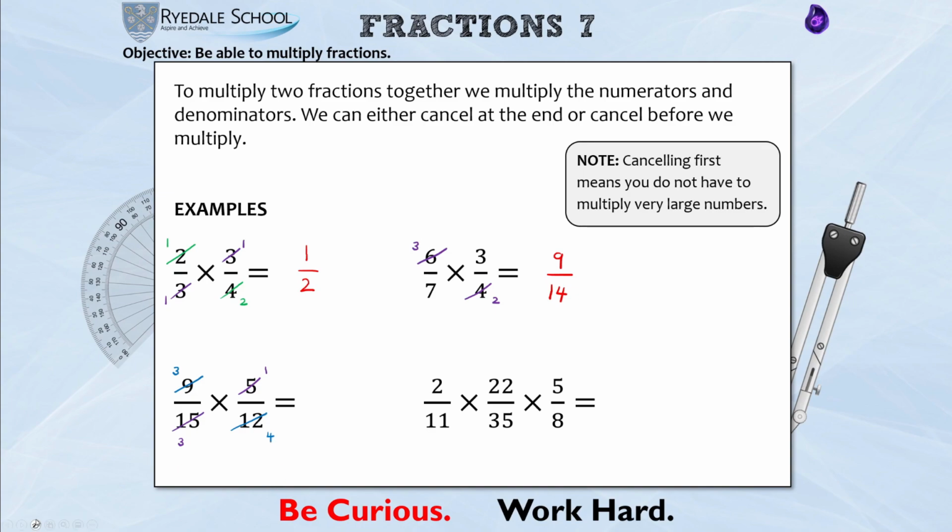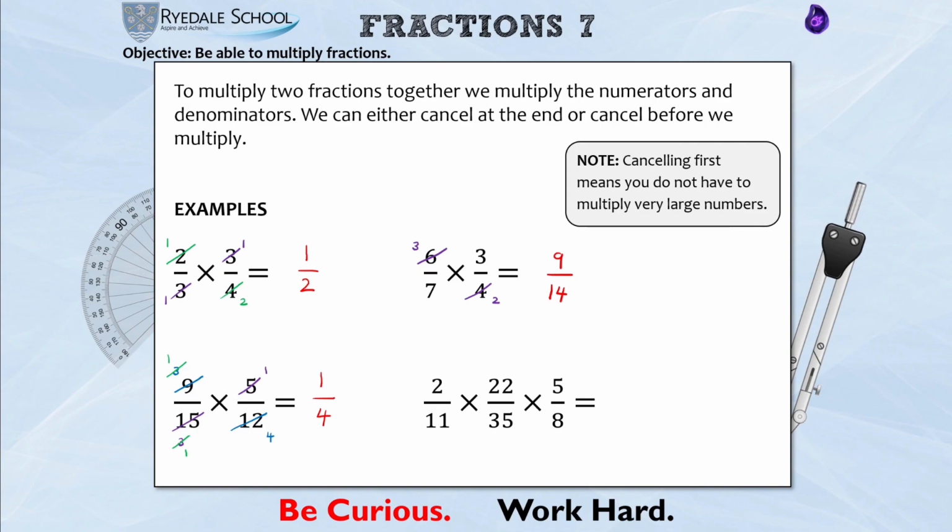I can now cancel the numbers that I've already reduced it to. So don't worry if you're cancelling numbers further. I can divide them both by 3. And straight away I get the answer to this one as being 1/4. 1 times 1 is 1. 1 times 4 is 4.